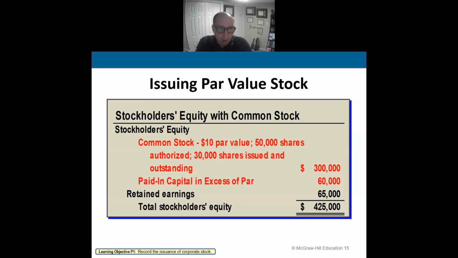So our company, we issued 30,000 shares. We had a par value of $10 per share. We authorized 50,000. We issued 30,000. So we have a difference. On our stockholders equity report, or our stockholders equity on the balance sheet.